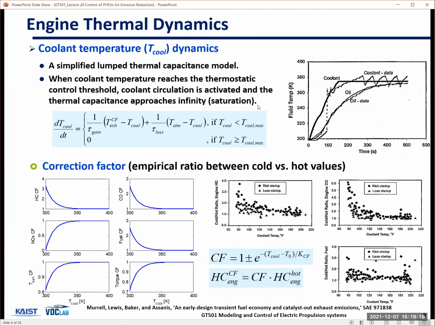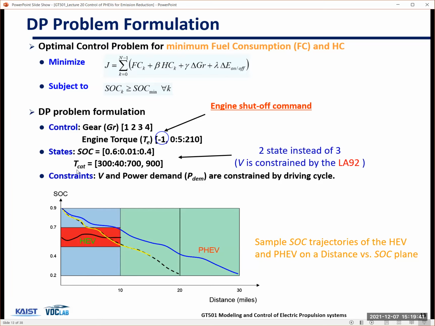But when I formulated the dynamic programming problem, I decided to remove the coolant temperature and relate coolant temperature with converter temperature, because they actually show similar behavior, plus converter temperature is the dominating factor when it comes to tailpipe emission.